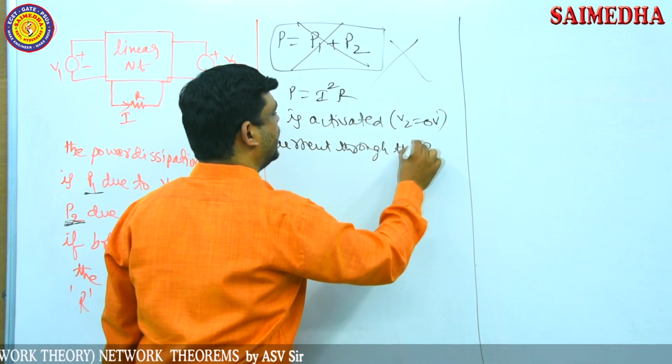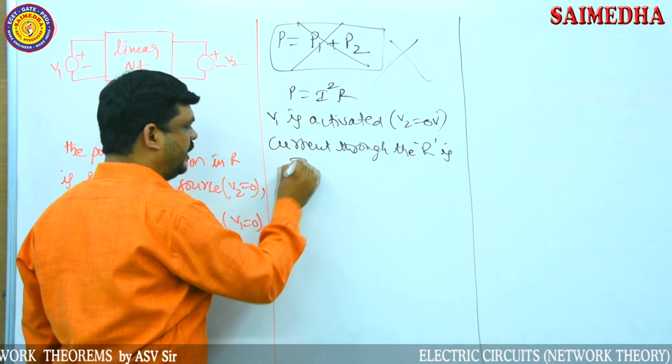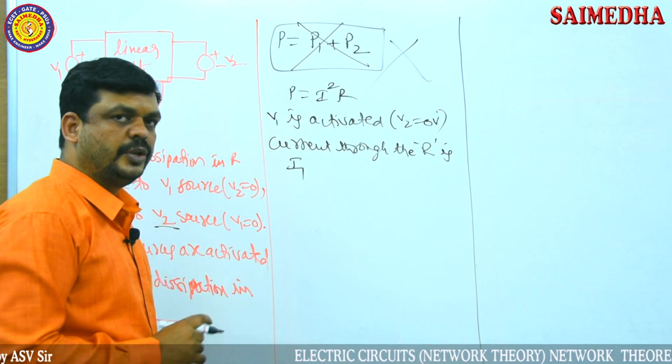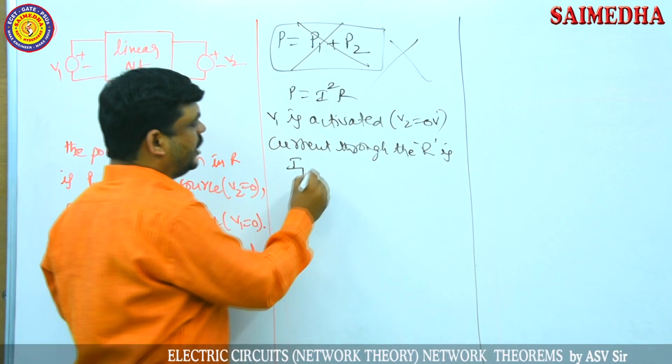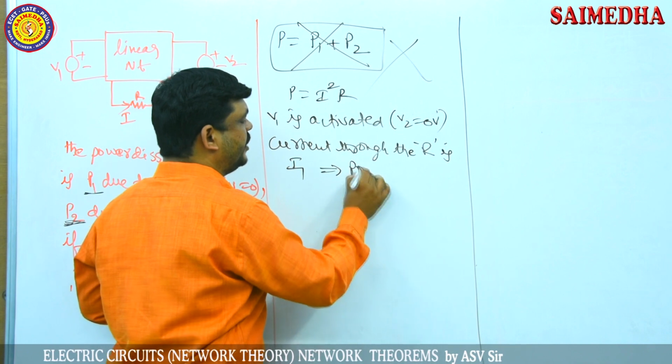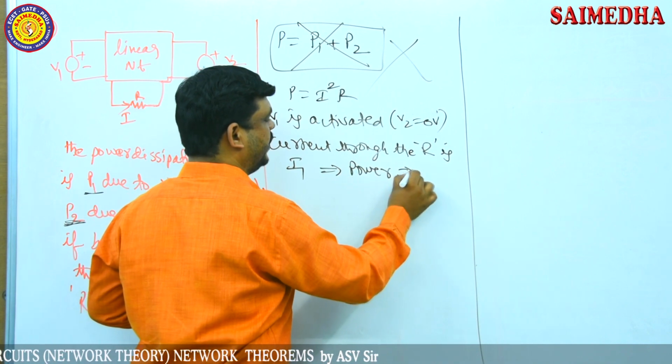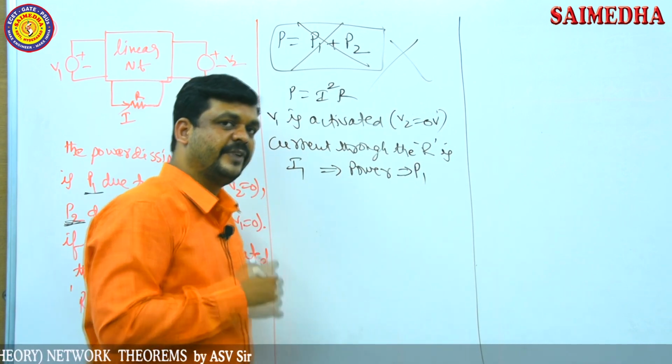The current through the resistor R, I am assuming here, is I1, and according to the given problem, power is P1 watts.